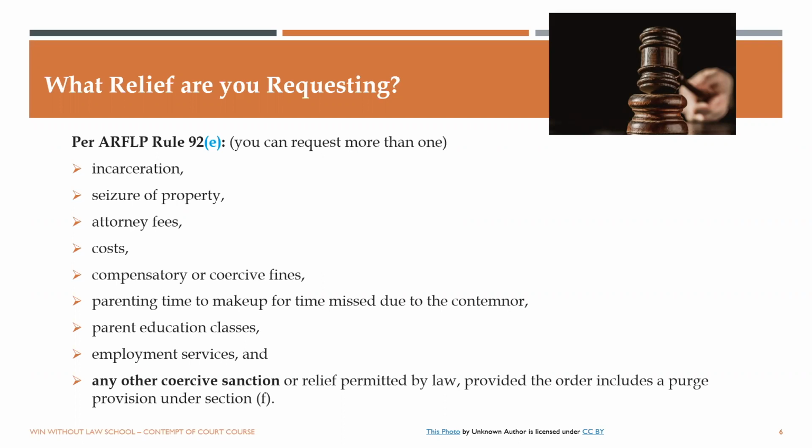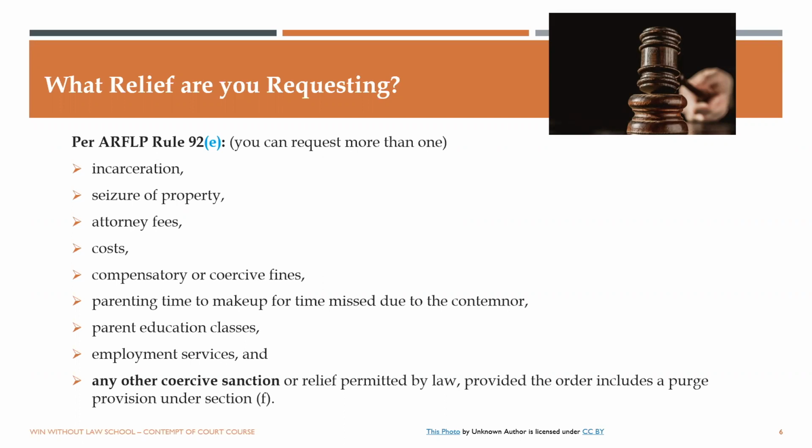So any sort of relief that is ultimately ordered has to be aimed at compelling compliance with the court order or compensating for losses due to the violation. So incarceration is going to be merited in very few cases. It's sometimes used for contempt of court for not paying child support, but if you're in jail, you can't make money to pay child support.